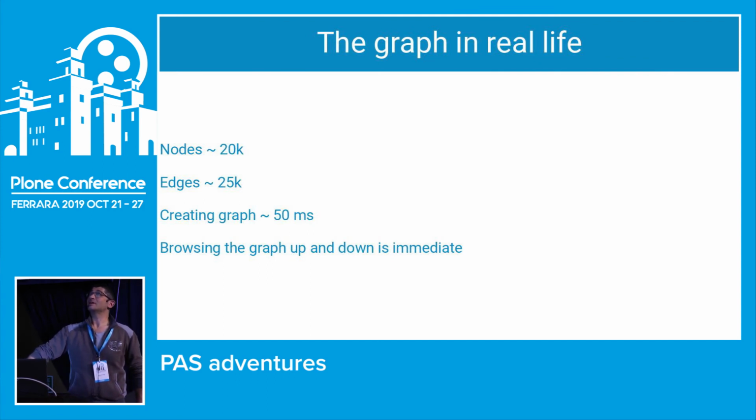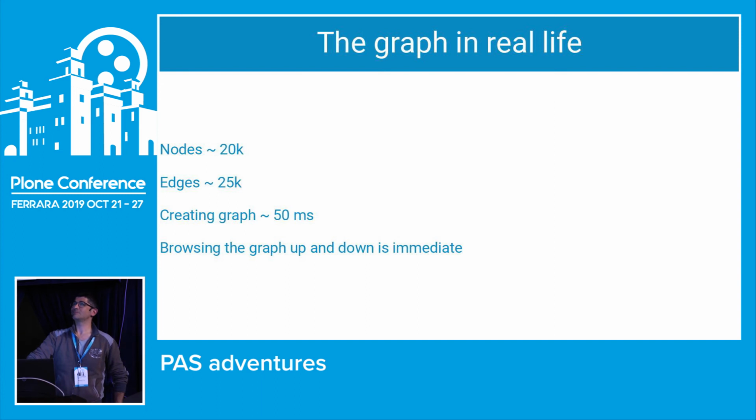How was the graph in real life? Well, actually, displaying something like that with all the labels was not possible, because we had something like 20,000 nodes, which is users and groups, and 25 relations.